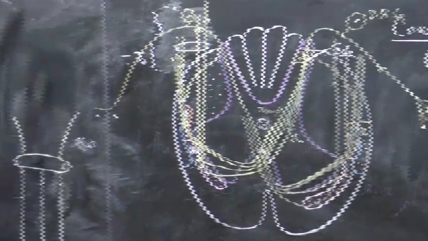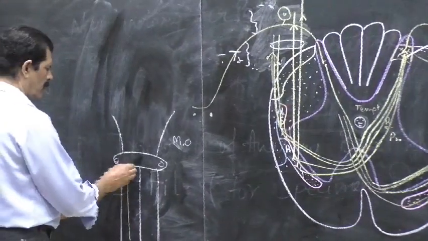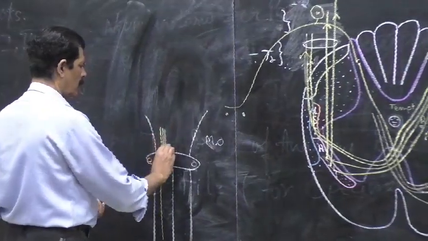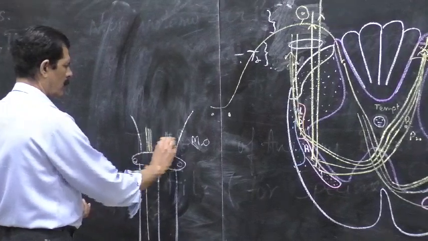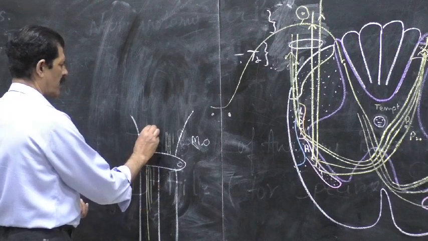Now these spinal lemniscus fibers are going upward and they enter into the medulla. Pain, temperature, pressure and touch.